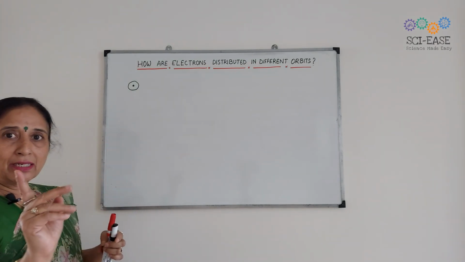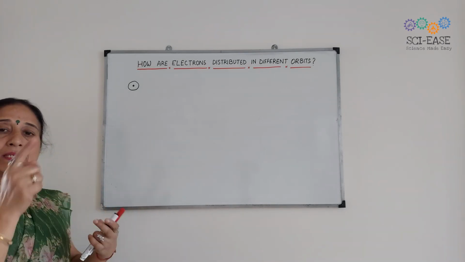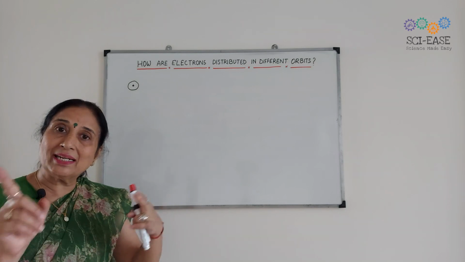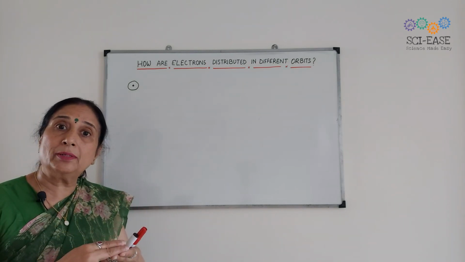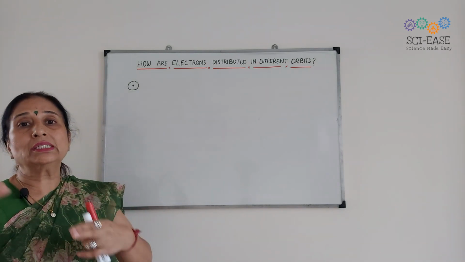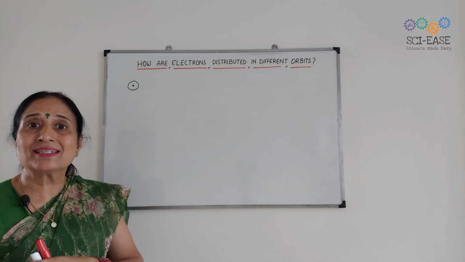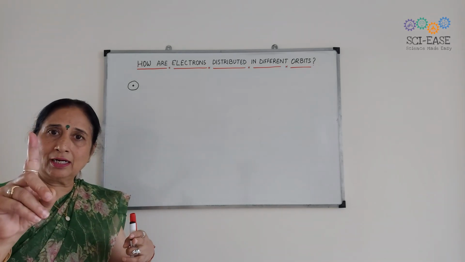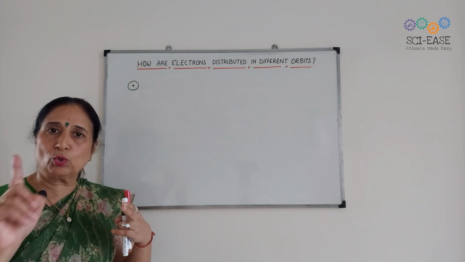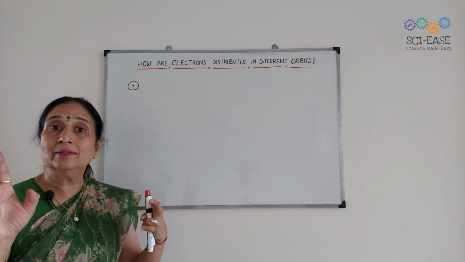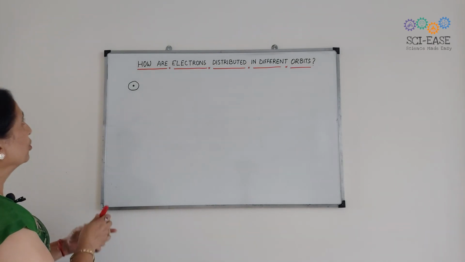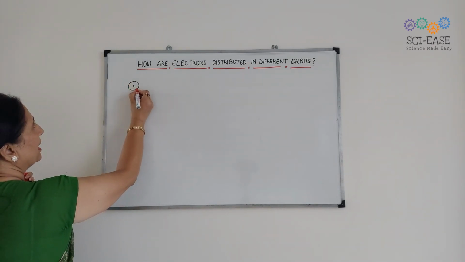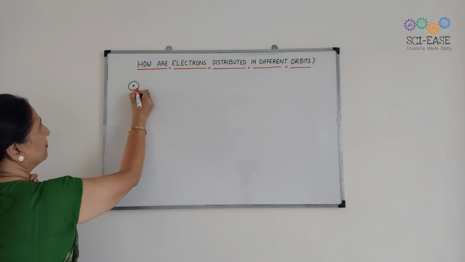It has atomic number 1. This means the number of electrons present, because atomic number is the number of protons or the number of electrons present in the atom. So it is atomic number 1. This means 1 proton and 1 electron. So you will show this electron, I will show it with a red pen.